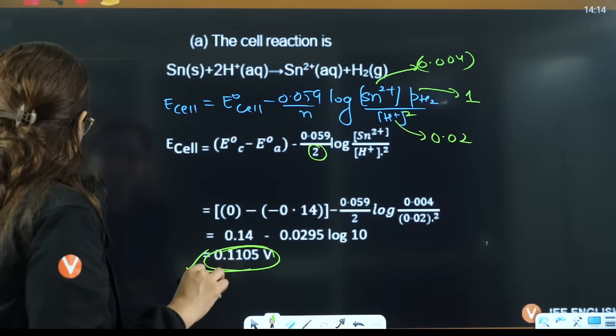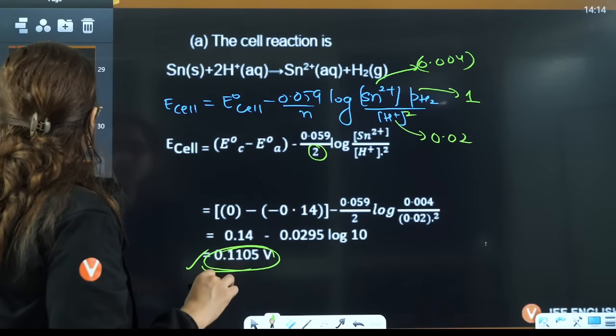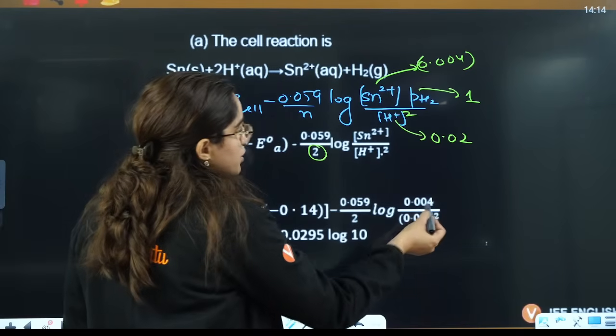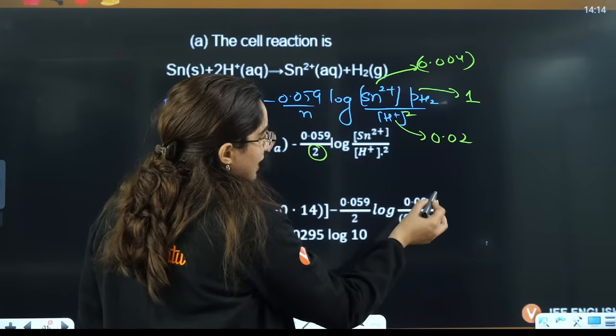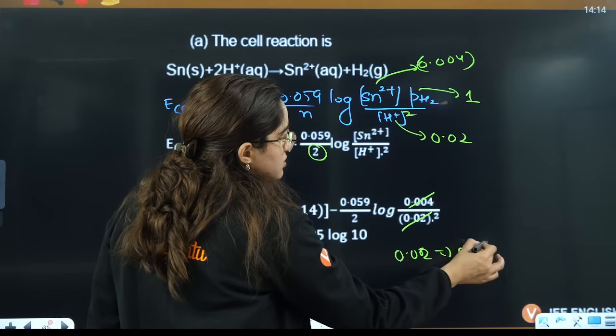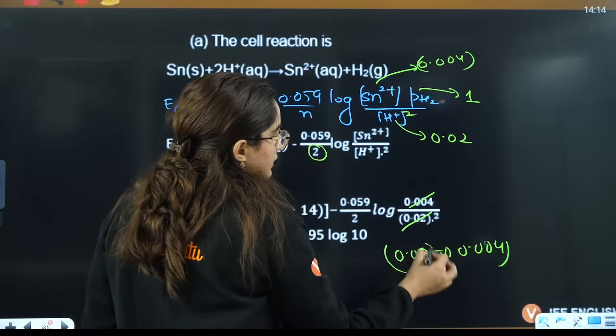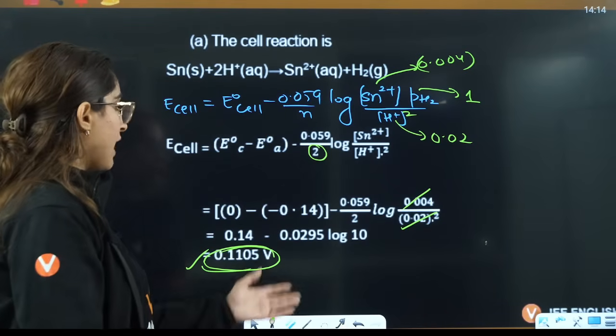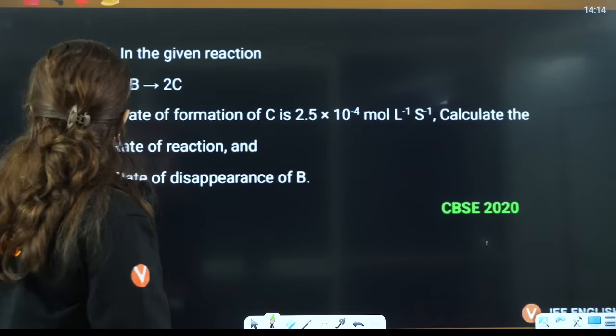Do let me know if that is clear. Though it is quite simple, 0.004 and 0.002 squared will cancel each other, and you will have the answer here easily.